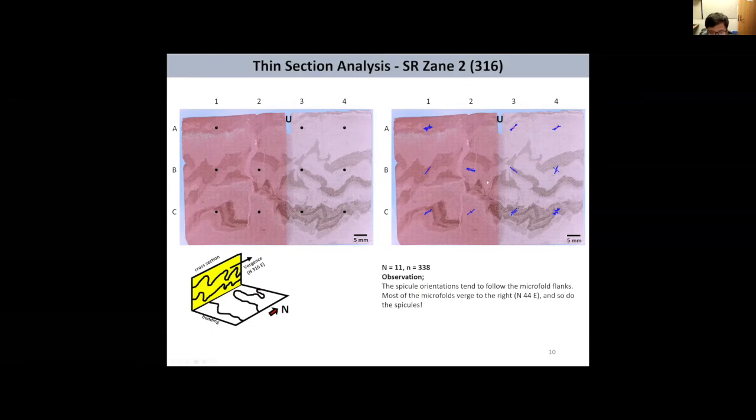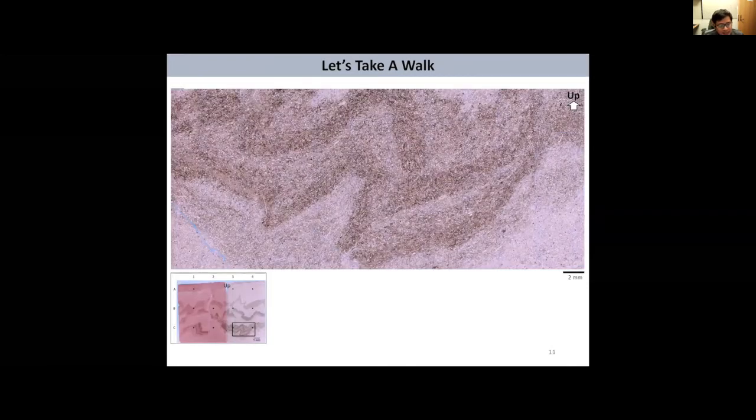We can see that they really follow the trend of the flank, except for several places here and here. They are kind of different, but overall they are verging to the right. Let's take some time to appreciate how well organized these spicules are, following the orientation of the microstructure.